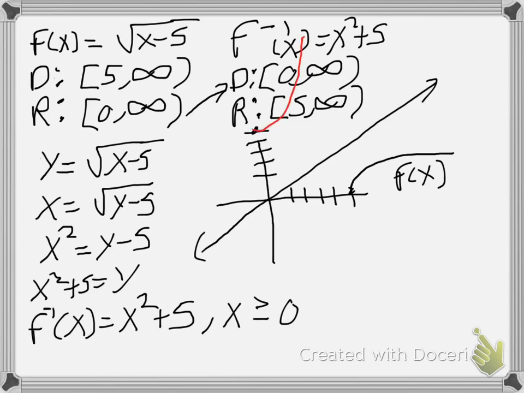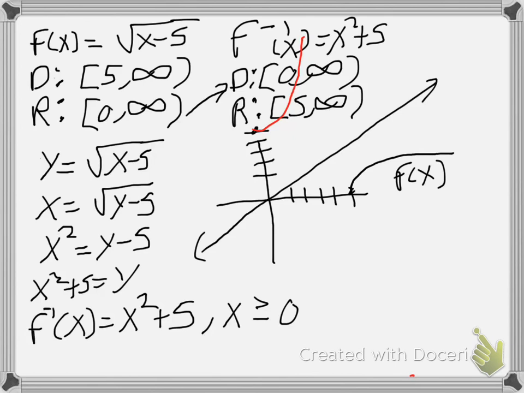Okay, so why do I have to say that x is greater than or equal to 0? Because if I take a look at my inverse, the farthest back it can go is 0, correct?